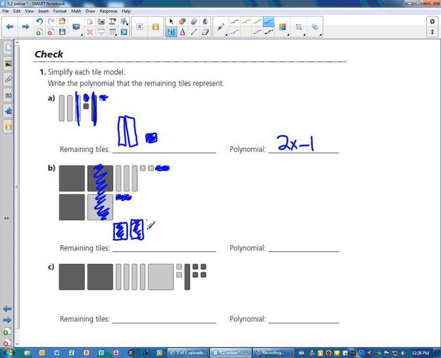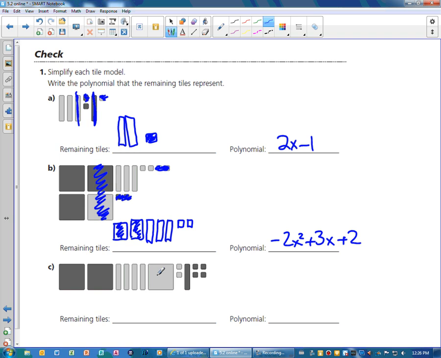I'm left with 3 of the lighter ones, which represent positives. And then I'm left with 2 lighter squares. So these guys represent negative 2x squared. These guys represent positive 3x. And then at the end, plus 2, these guys.